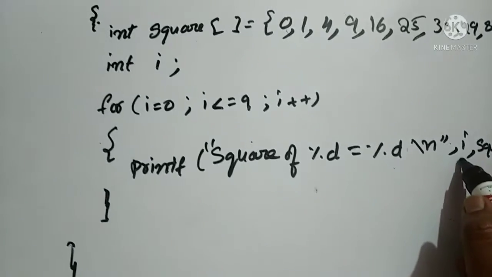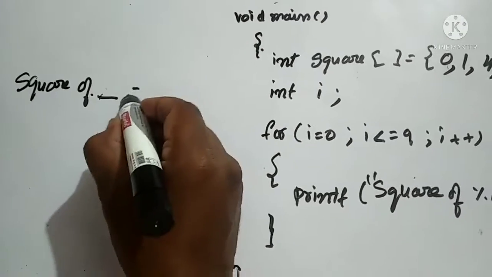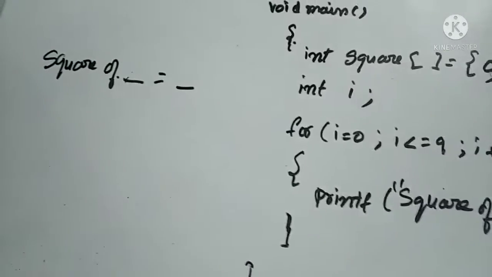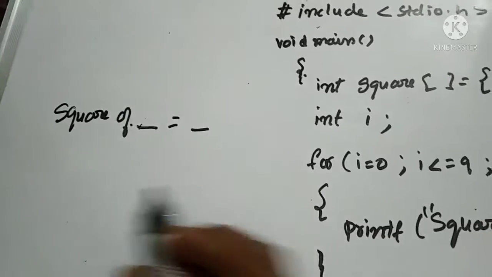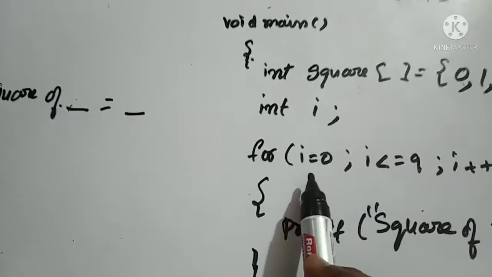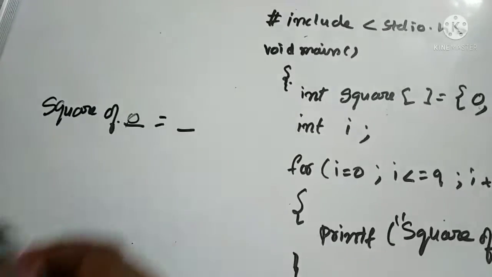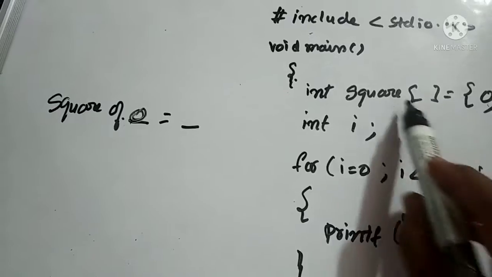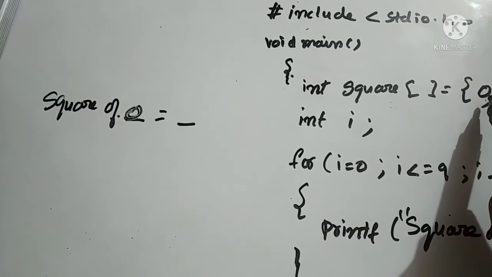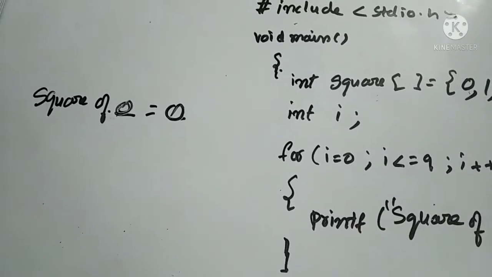Whatever the value of i is, that will be displayed in this part, and here it will display the second value, whatever the second variable we have. So let us start. The value of i is 0, so the value of i displayed is 0. Square of i, square of 0, means the first number. What is the square of 0 here? 0. So it will display the first number here.